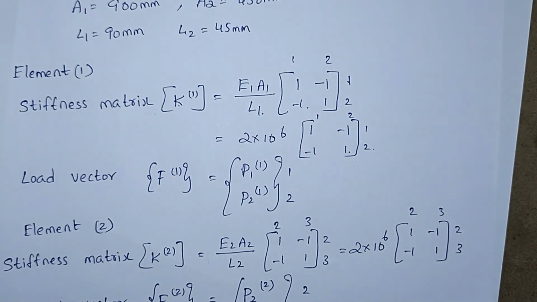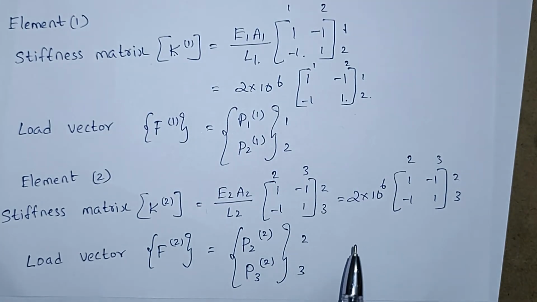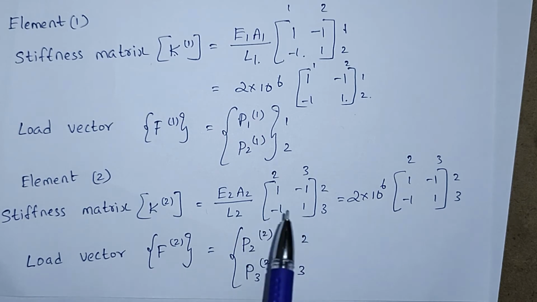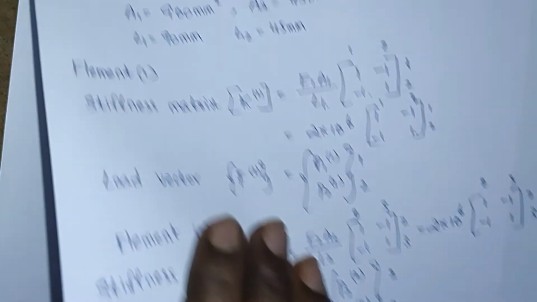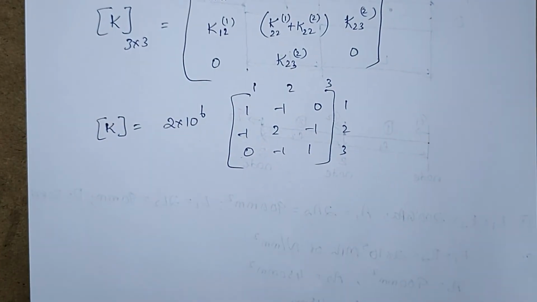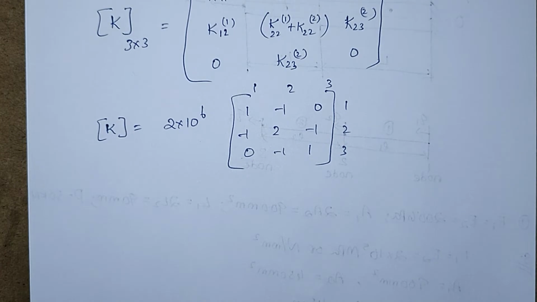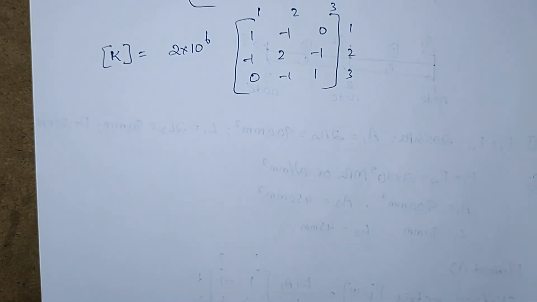From this and this we are adding, and we have framed our global stiffness matrix. Whatever values are not there, we are just putting as zeros. Now I think all of you understood how we got this global stiffness matrix.